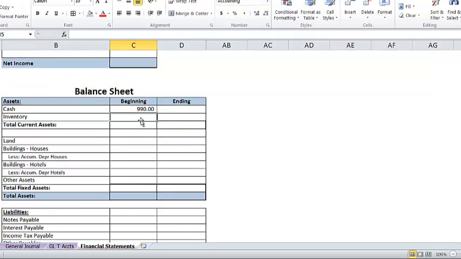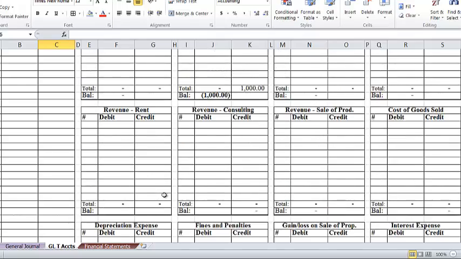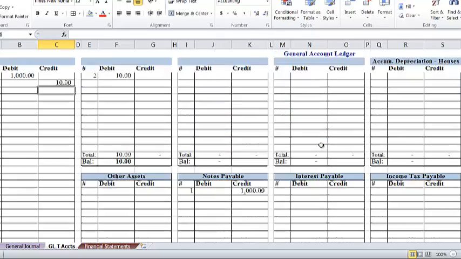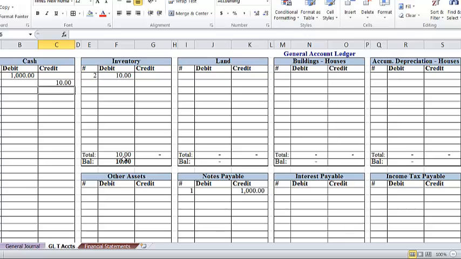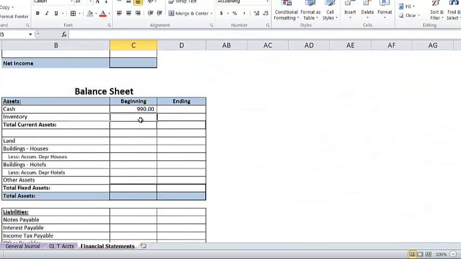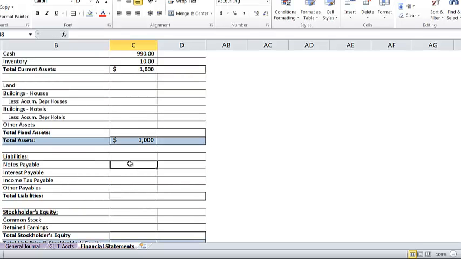I have inventory of $10. So my total current assets is $1,000. Total assets is $1,000. And my note payable is $1,000.